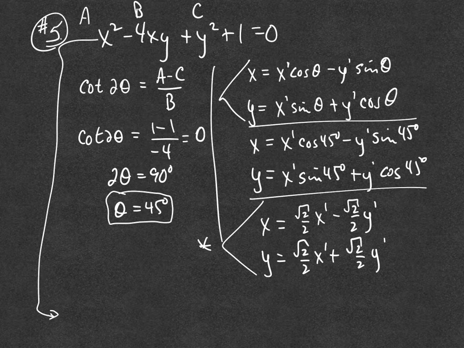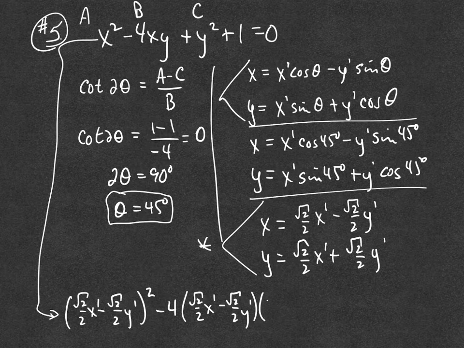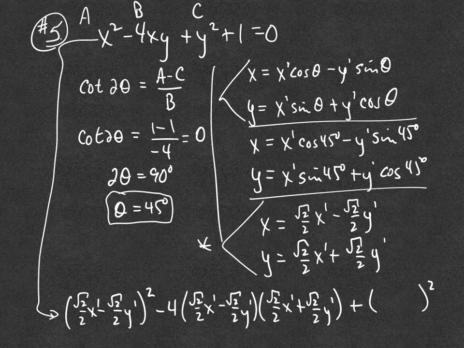Going up to the original equation, wherever I see an x, I replace it with the square root of 2 over 2 x prime minus square root of 2 over 2 y prime, minus 4x, y, plus y squared, but y we replace with the other expression, plus a 1 is equal to a 0.